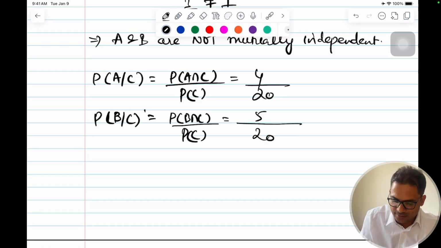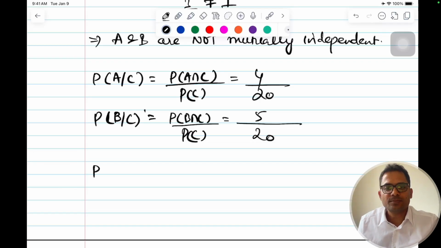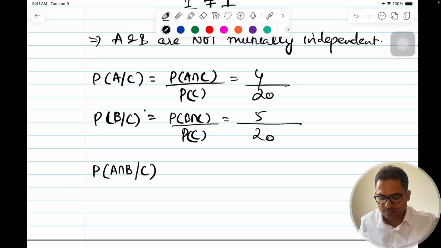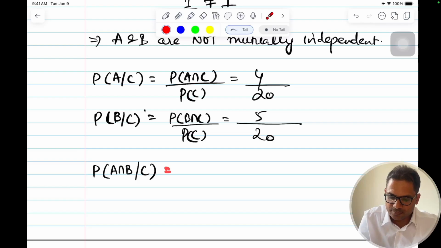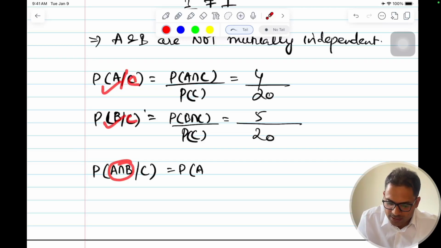And what is P of A and B given C? This is our conditional mutual independence, right? P of A, P of B, and P of A and B, everything is conditional on C. Let's compute this.